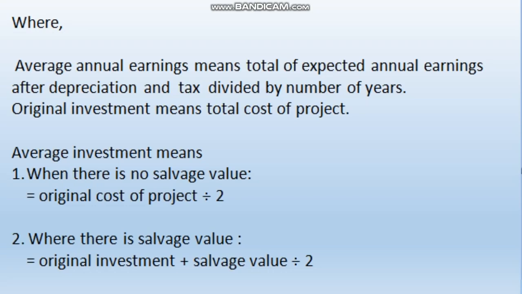Average investment is calculated in two ways. If a salvage value is not given in the question, then it is calculated using the formula original cost of project divided by 2. If the salvage value is given in the question, then it is calculated using the formula original investment plus salvage value divided by 2.